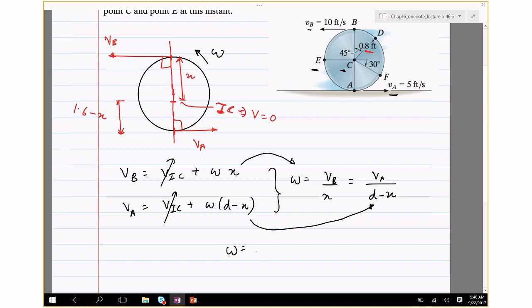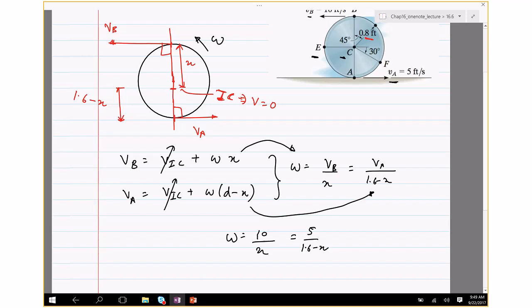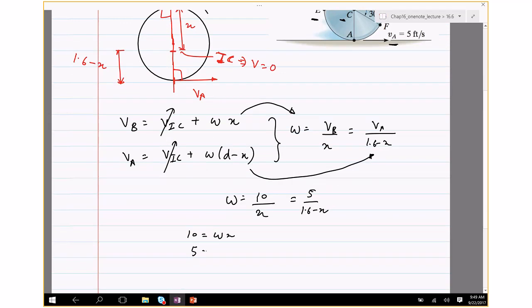Velocity of B is 10, x is unknown. Velocity of A is 5, d minus x. Sorry, I'll call this d. This is 1.6 minus x. So 10 equals omega x, 5 equals omega times 1.6 minus x.